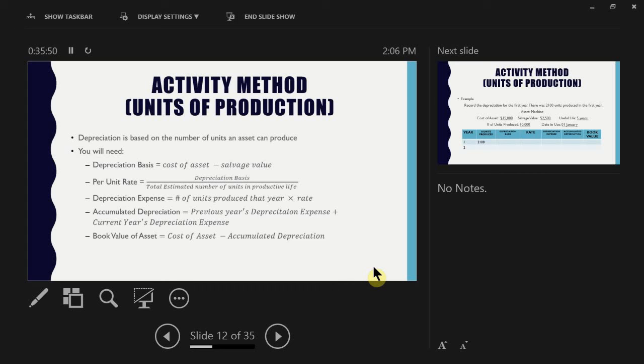That's what this number is: the 100,000 units is the total estimated number of units produced. Depreciation expense is going to be your number of units produced that year multiplied by the rate. You're going to be given another column of units that were produced that year. And then accumulated depreciation is going to be your previous year's depreciation.